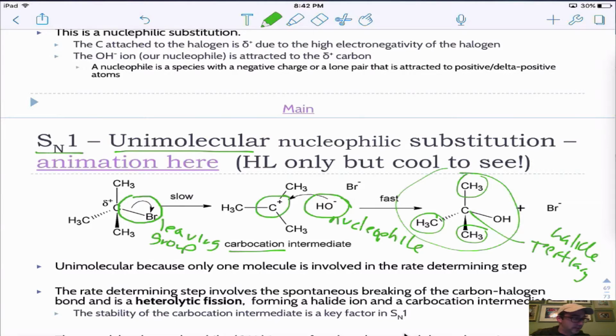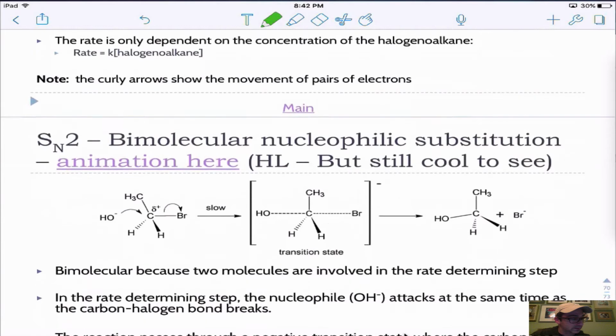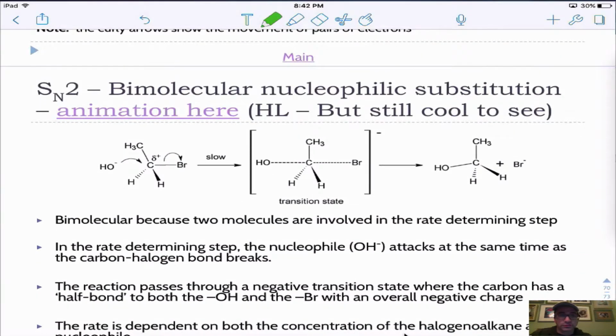There's another type of reaction, SN2, where you have 2 molecules at once. And what you can see is that while the Br is leaving and forming Br minus, the OH is coming in and attacking at the same time. And so you'll end up with this intermediate, this transition state, where the Br and the OH are partially bonded, and then the Br will leave.